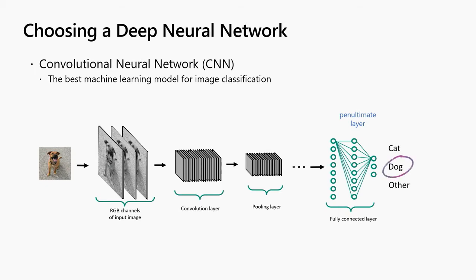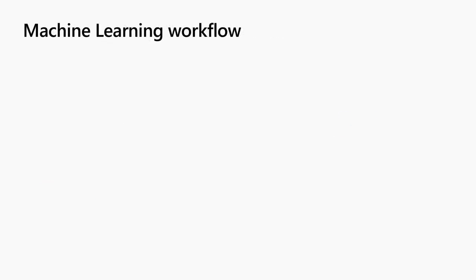So at the end of the fully connected layer, the machine is now fully trained and able to classify if it's a dog picture or cat picture. And in our case, this model is going to be able to do more than that. It will be able to tell us, as Kathleen demoed earlier, the breed of that dog or cat. But at a high level, this is how it works.